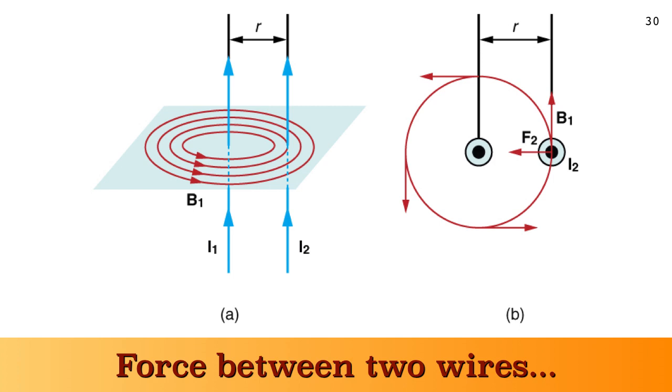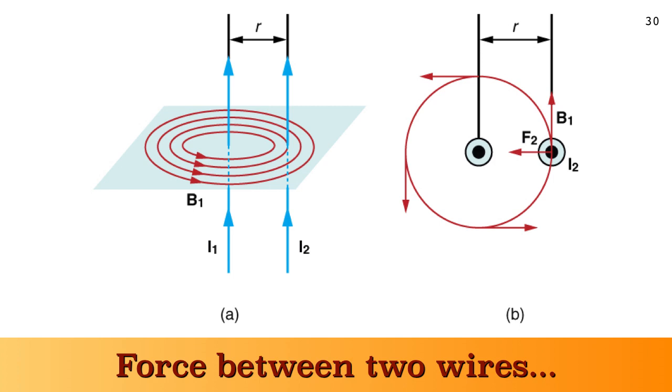Now, current number 2, a distance r away, has moving charge, so it's going to feel a force related to that magnetic field. And if you look at diagram B, you'll see the direction. It gets attracted to the other. So there's going to be a mutual interaction.